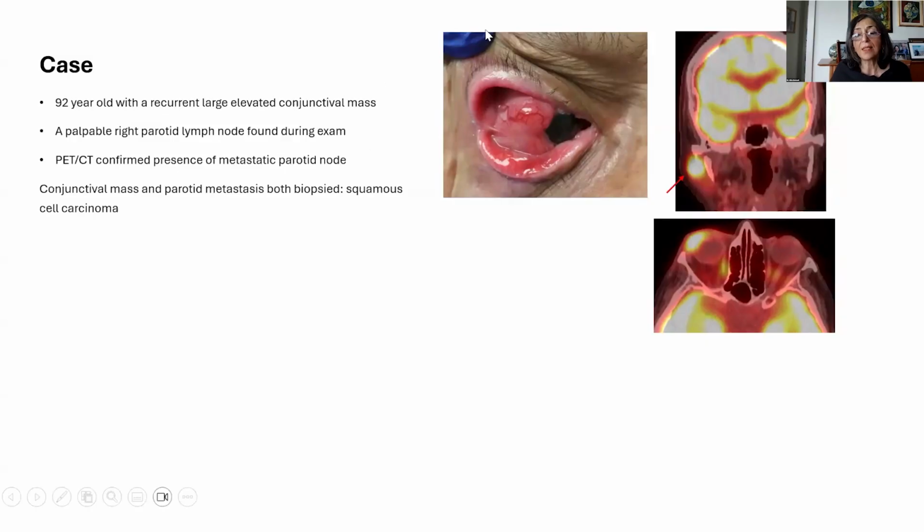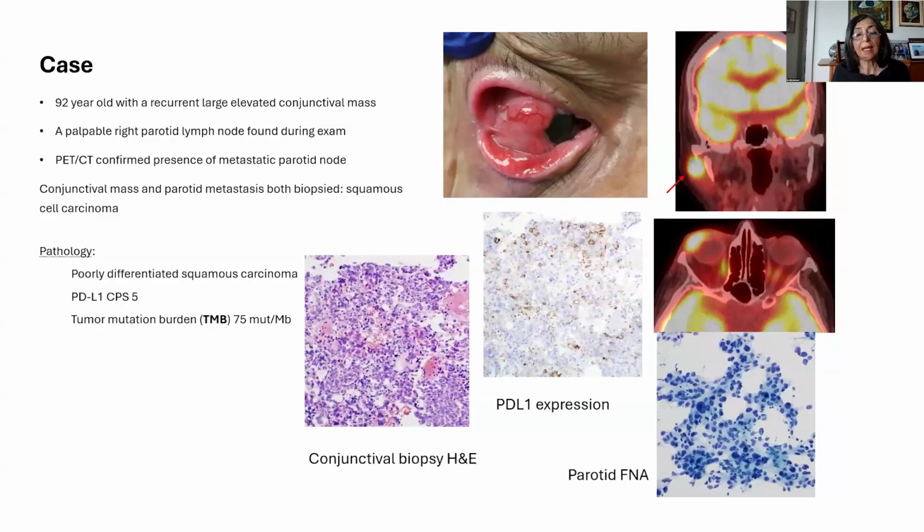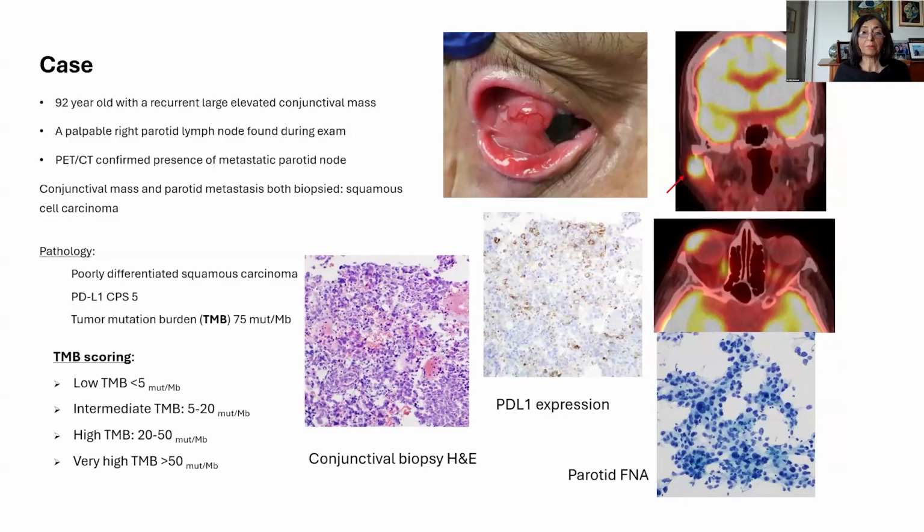This is the case in this 92-year-old woman that presented with this conjunctival squamous cell carcinoma on the surface of the eye and already with nodal metastasis. So given her advanced age, we did not want to put her through an exenteration and a radical dissection of the neck. So instead, she was treated with pembrolizumab, which is another immune checkpoint inhibitor drug that's available in the United States.